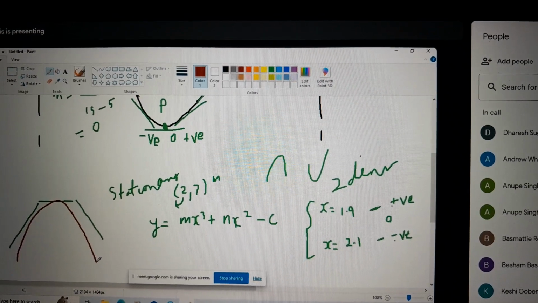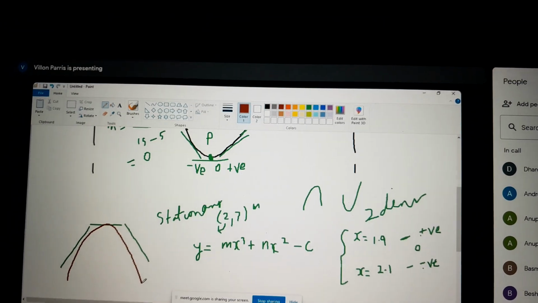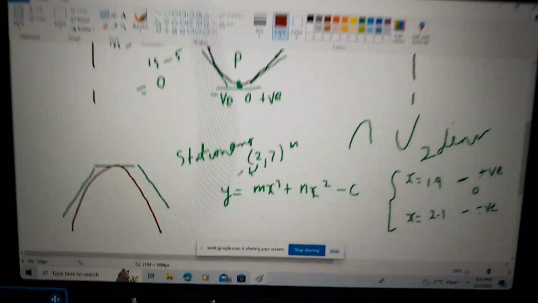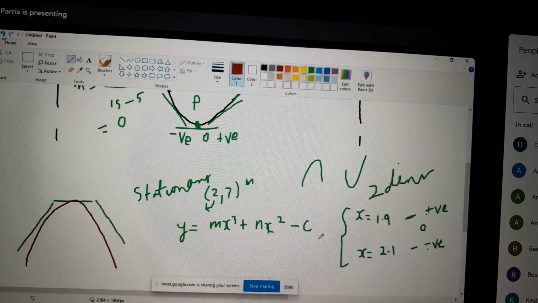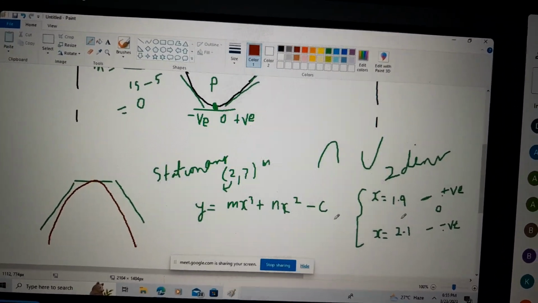So that's one of the ways that you can figure out. I know I'm all over the place, but that's one of the things you can do to figure out where a point is maximum or minimum by just substituting.